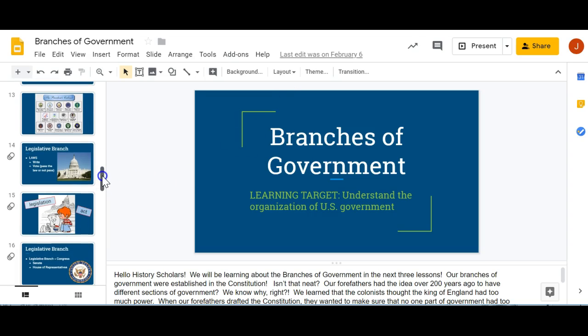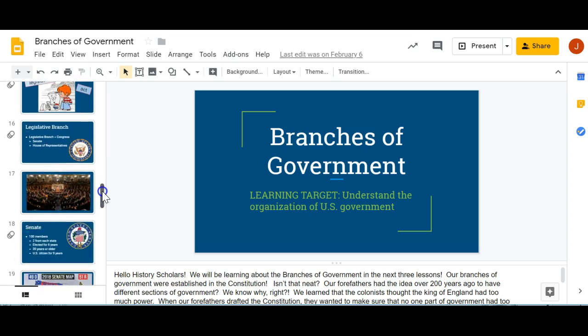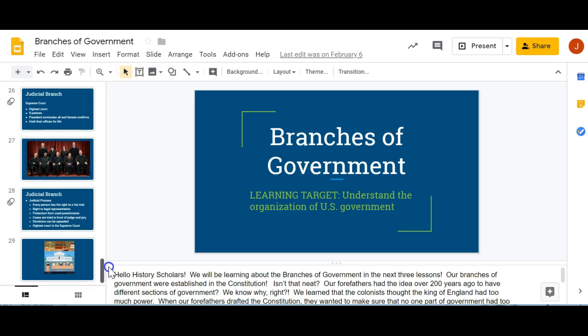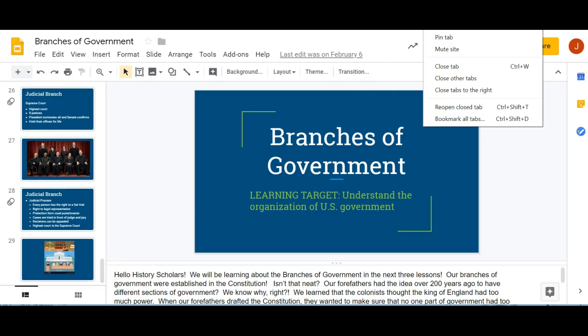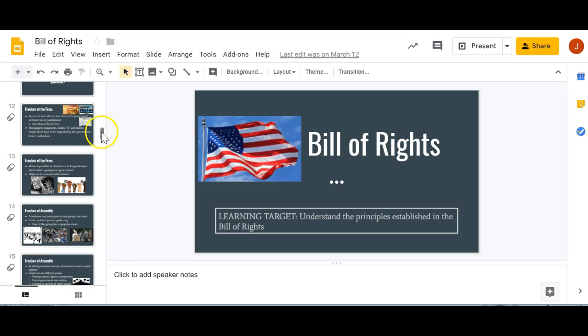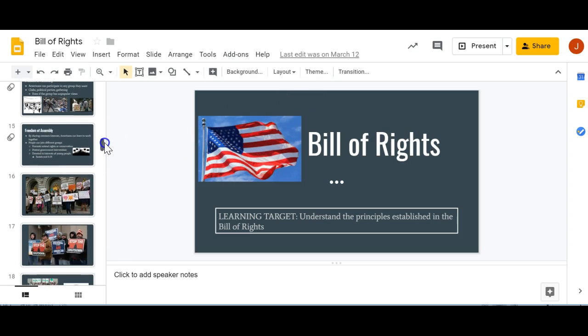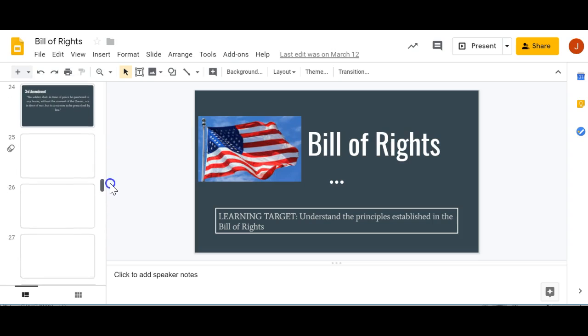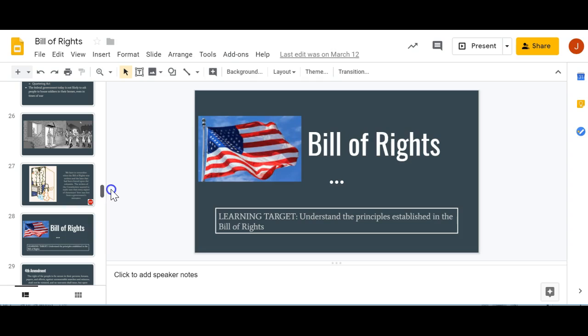And so it talked about the executive branch, the legislative branch, and the judicial branch. The third big lesson was on the Bill of Rights. And we saw these lessons divided into several segments to cover all 10 Bill of Rights.